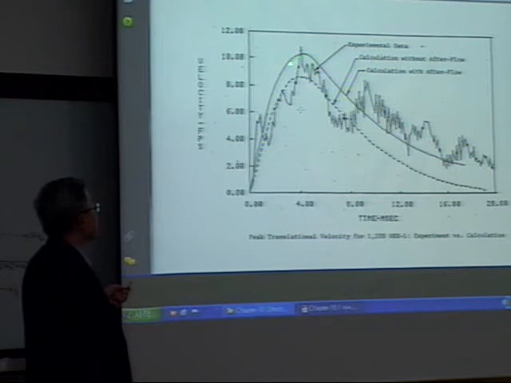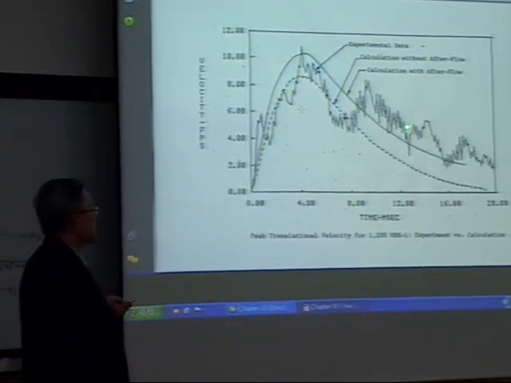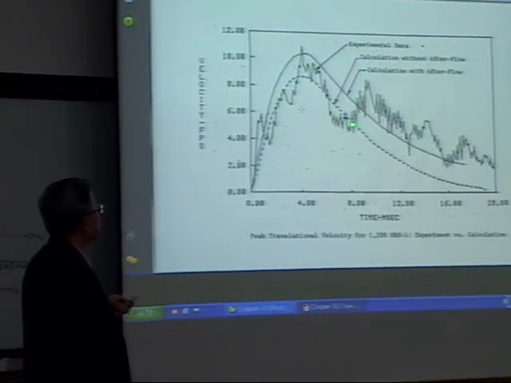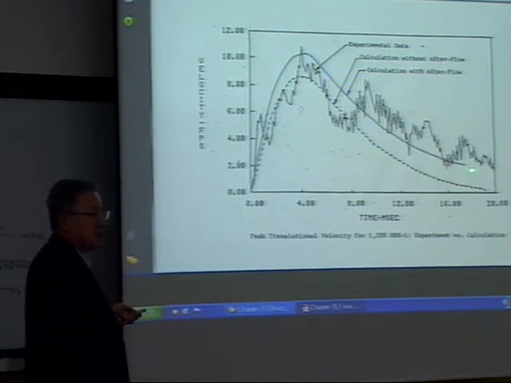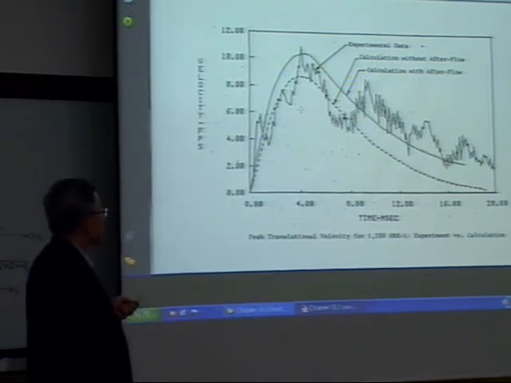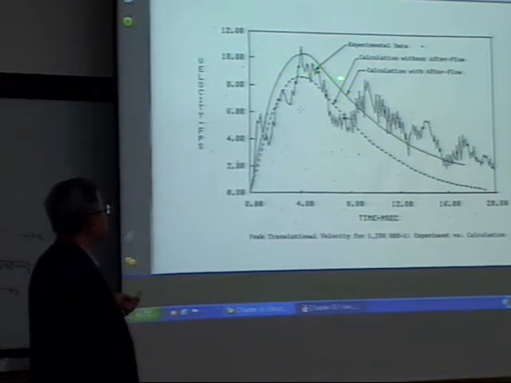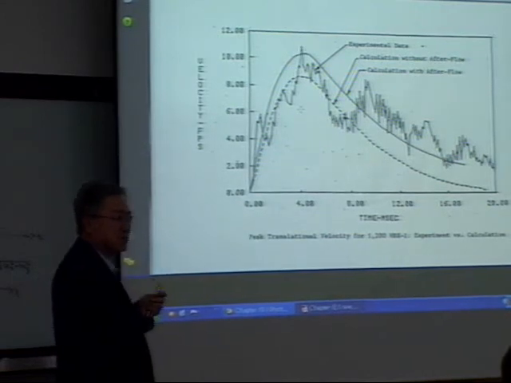So the second term is quite significant. If you look at just the first term, like this one, it's really off from the experimental data. But including the second term, this fits much better. So keep that in mind.